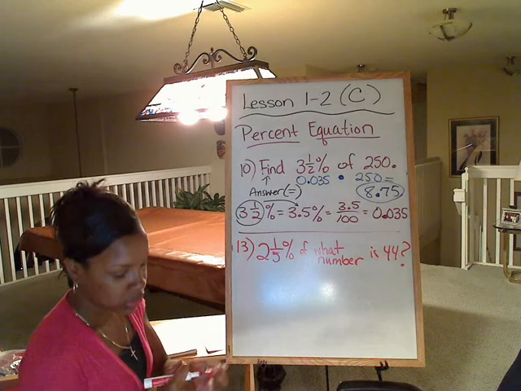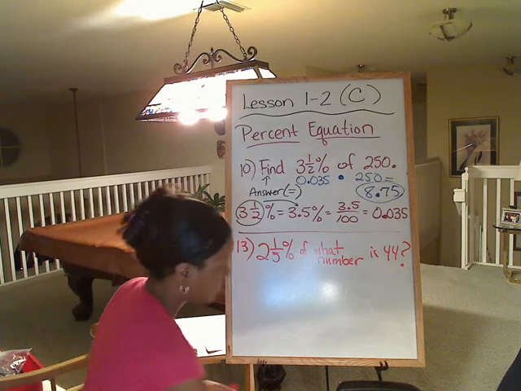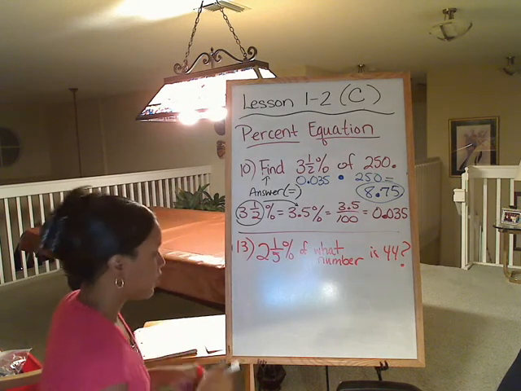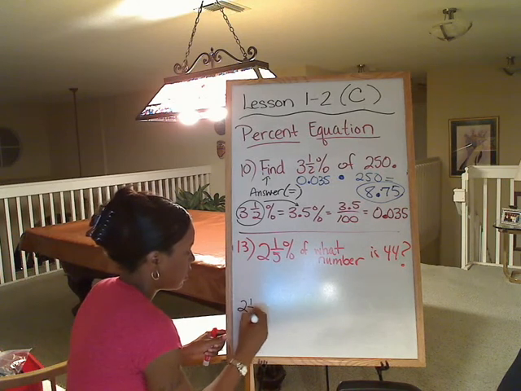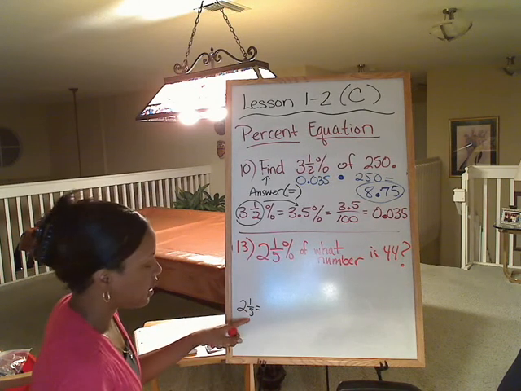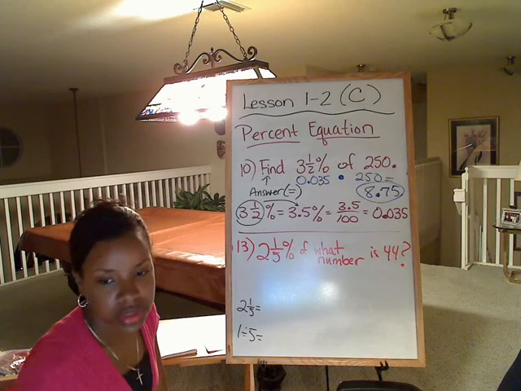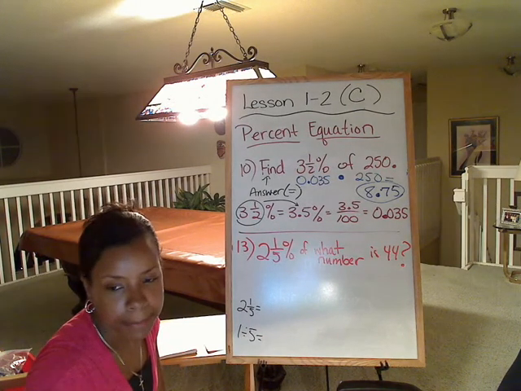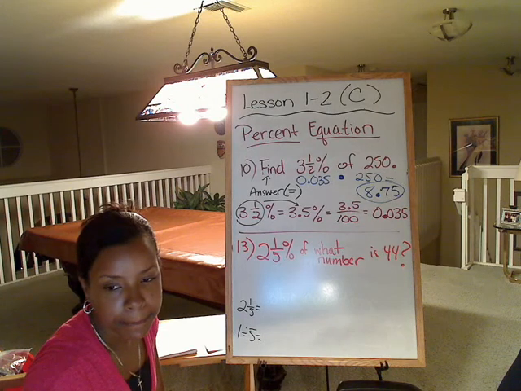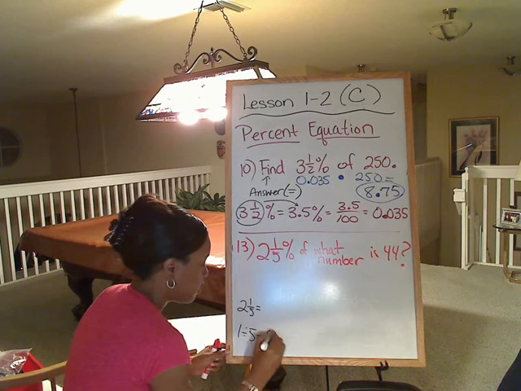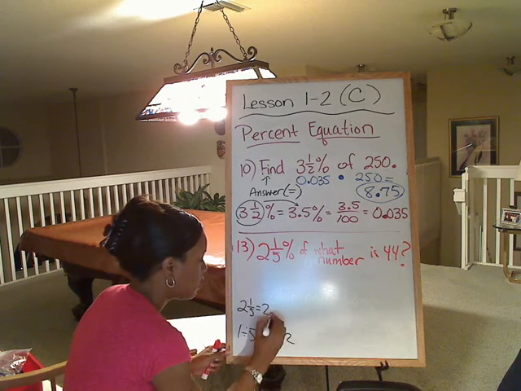Okay, step number 1, change the percent to a decimal. 2 1/5 equals... 1 divided by 5 is, I believe, 0.2. Yes, 0.2. So this is going to be 2.2.